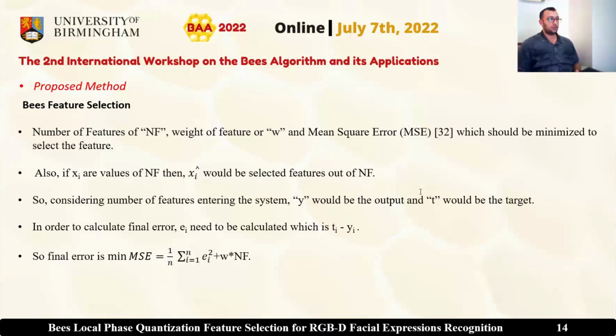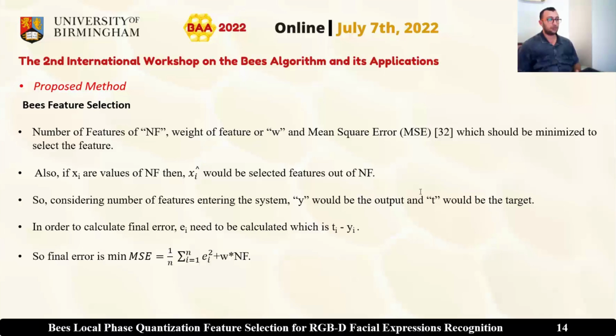In this feature selection, the number of features, the weight of each feature, and the MSE, or mean square error, of that feature are important. The MSE should be minimized, so those with less error will be selected. If we have xi values of a number of features, xi hat would be the selected features out of NF.